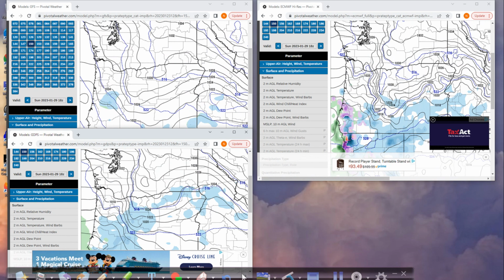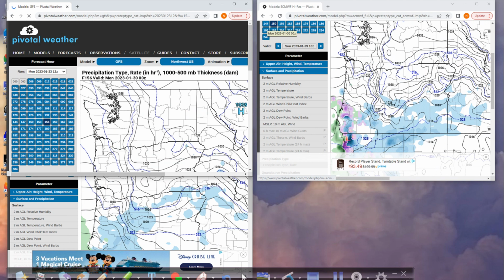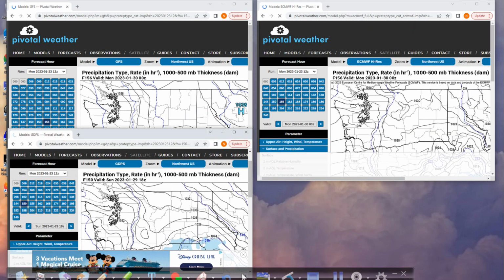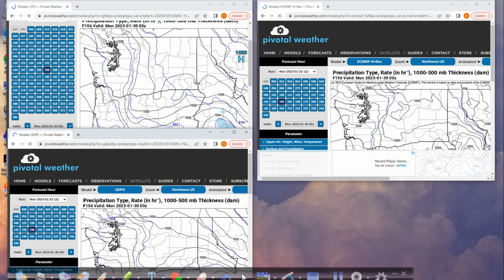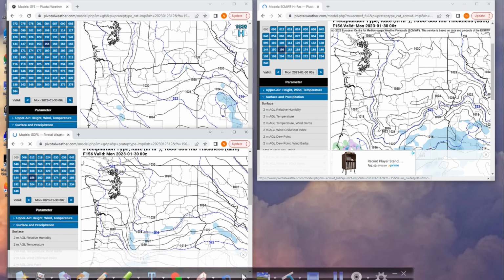So the day Sunday would probably look more dry as that moisture has moved out of the area, but we could see some light snow in the lowlands, mostly southwest Washington, northwest Oregon, Saturday night, January 28th into early morning of Sunday, January 29th.